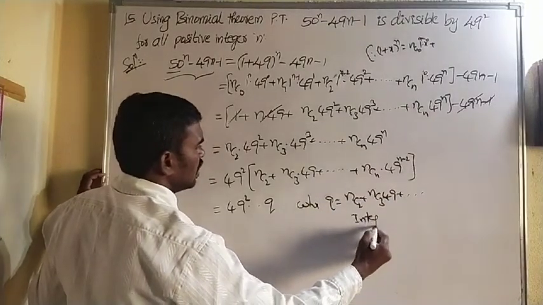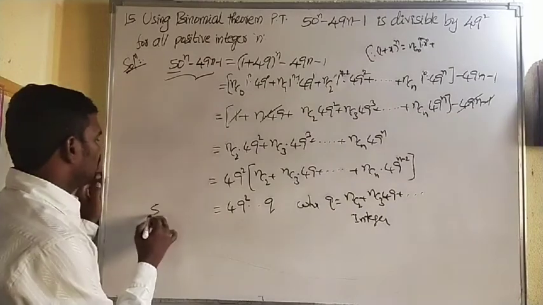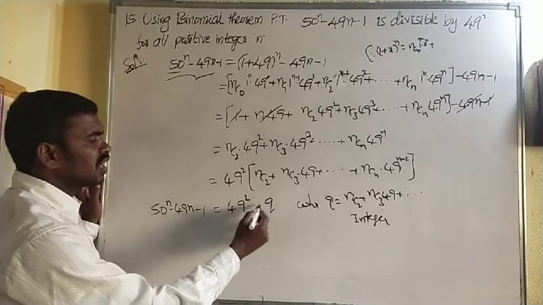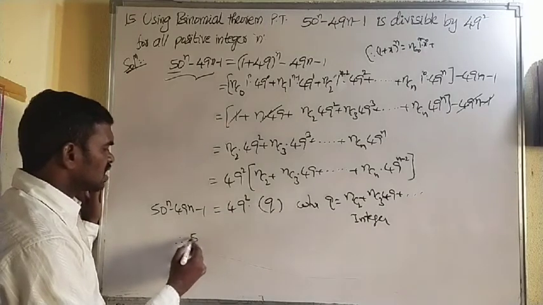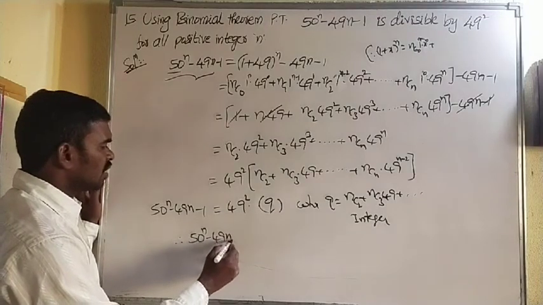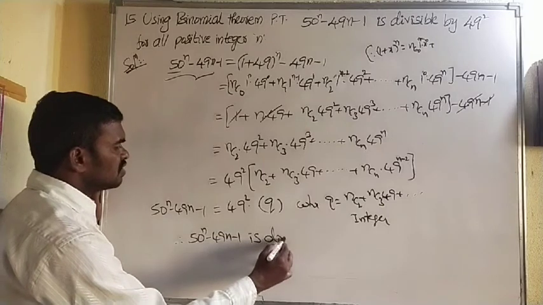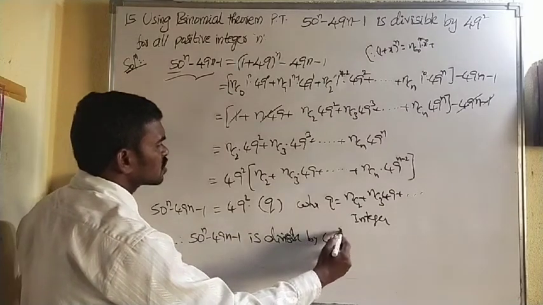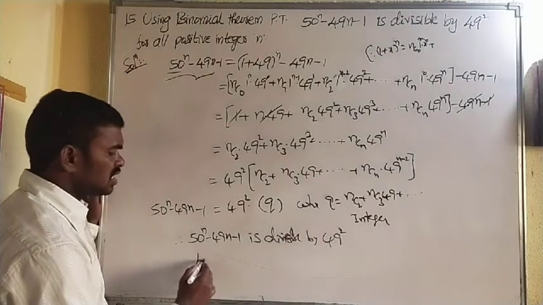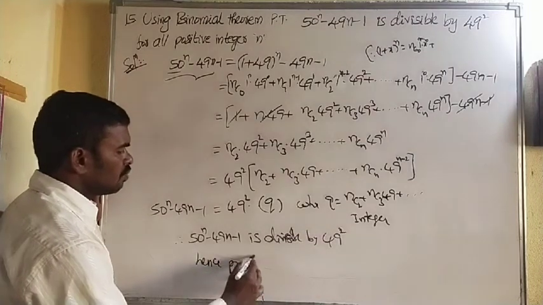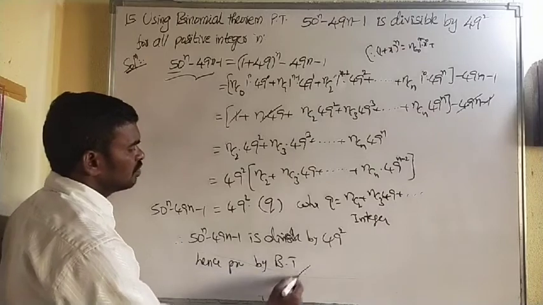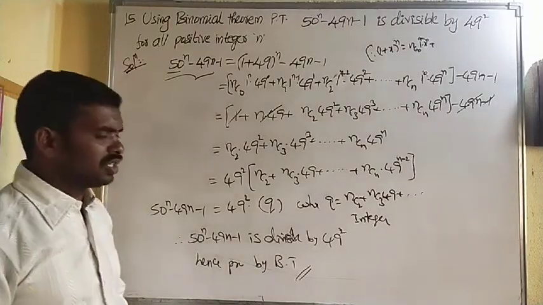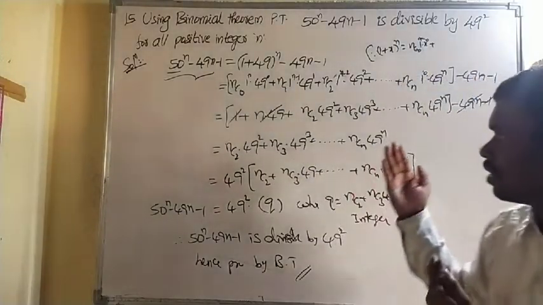It is an integer. So 50 power n minus 49n minus 1 is 49 square into q. Therefore, we can say that 50 power n minus 49n minus 1 is divisible by 49 square. Hence proved by binomial theorem. Got it? Very simple. Let me take one more question. So please note down, make notes.